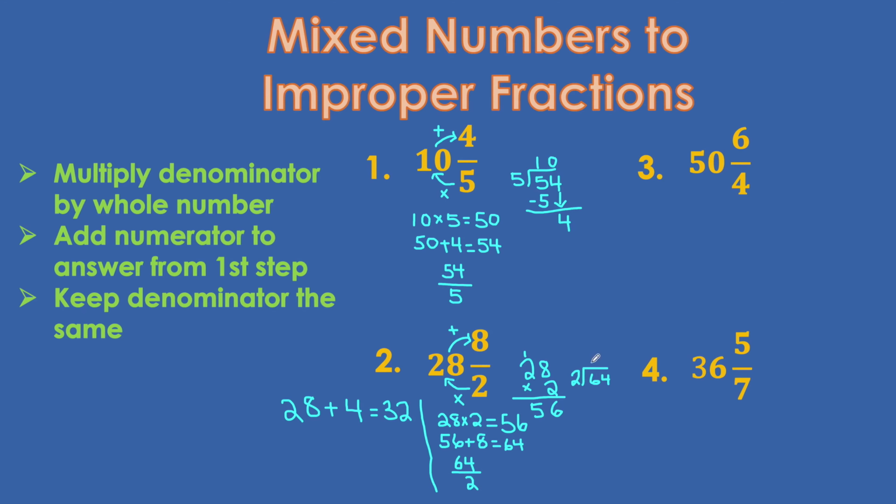2 goes into 6 3 times. 3 times 2 is 6. Put subtraction sign in. Bring down the 4. 2 goes into 4 2 times. 2 times 2 is 4.